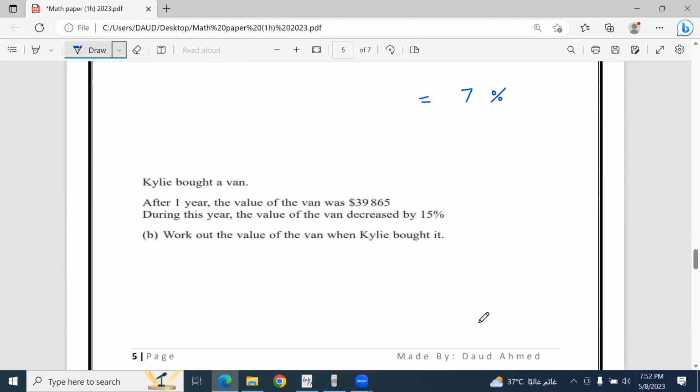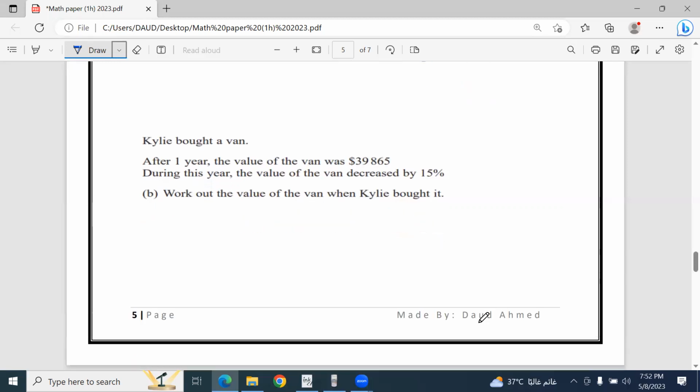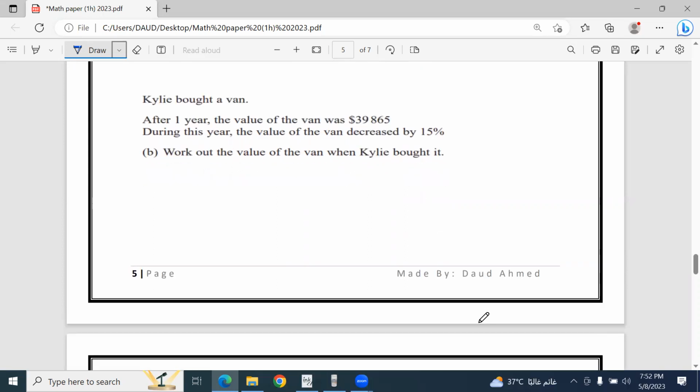Okay, the second part of this question is: Kelly bought a van 1 year ago. The value of the van was $39,865. So it decreased. How much? During this year, the value of the van decreased by 15%. So first of all, we will find out what is the percentage decrease.